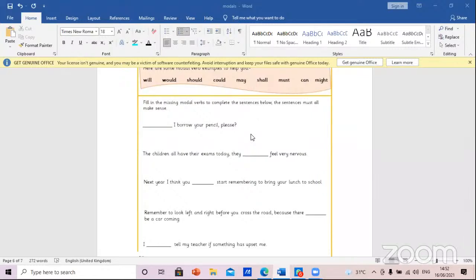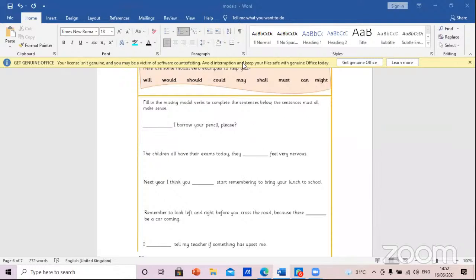Yes, of course, will is possible, right? What else? Ah, yes, here. Who is this? Roshantha Piris, right? He has given me the correct answer. May. They may feel very nervous.